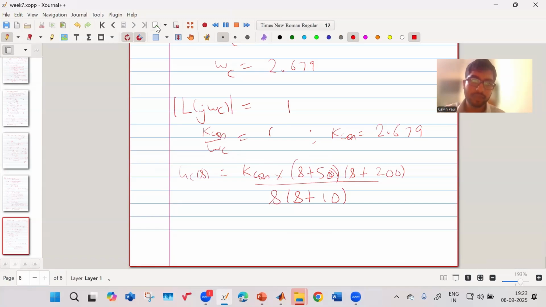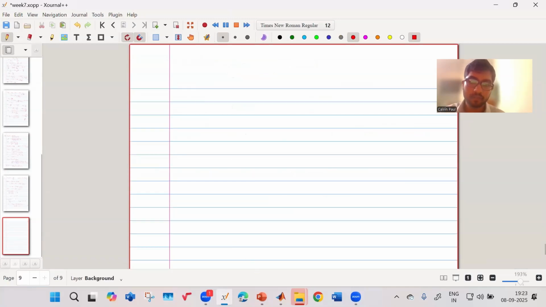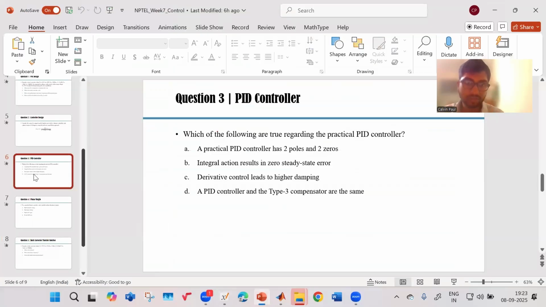So I'll proceed to the next question given here. Can you tell me which of the following are true regarding the practical PID controller?